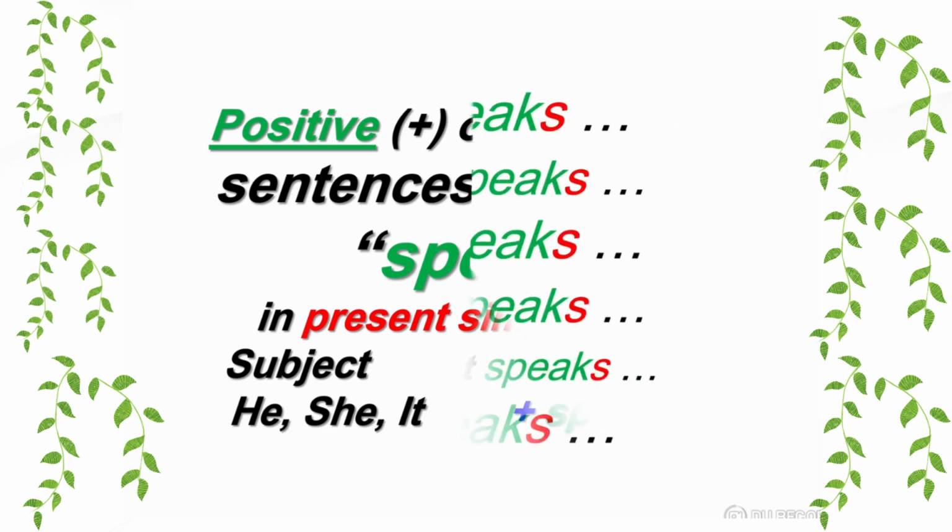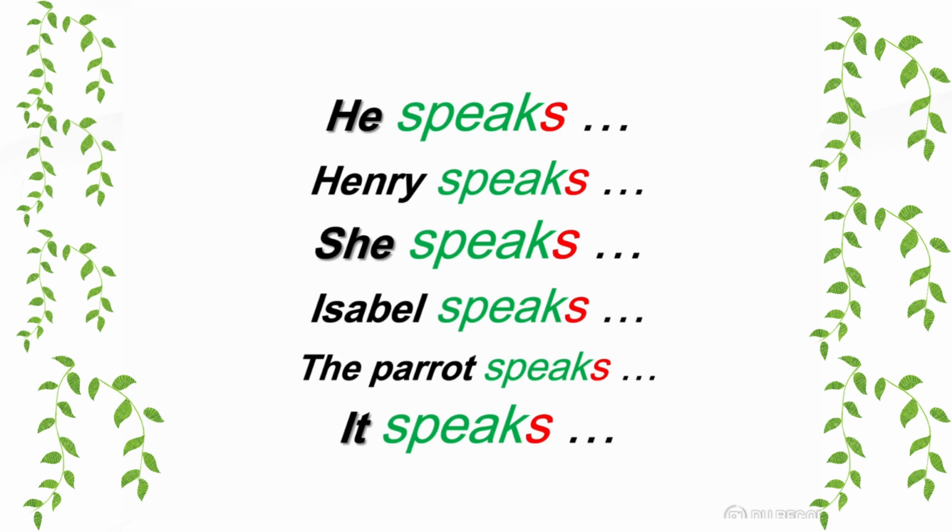Let's continue. So this is the rule. He speaks. If you write he speak, it's not correct. Henry speak is not correct. So you need to write Henry speaks. She speaks. Isabel speaks. The parrot speaks. It speaks.